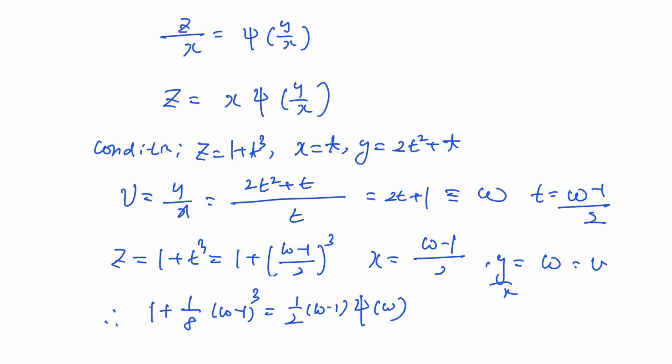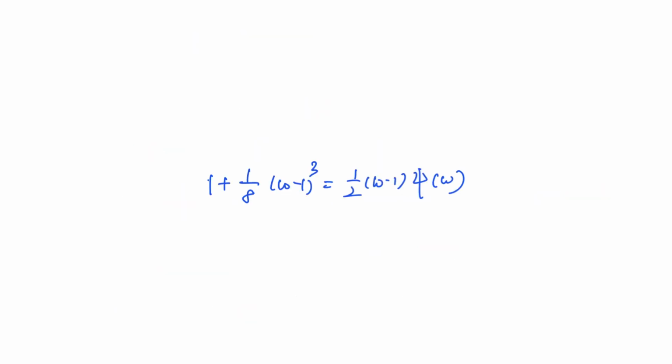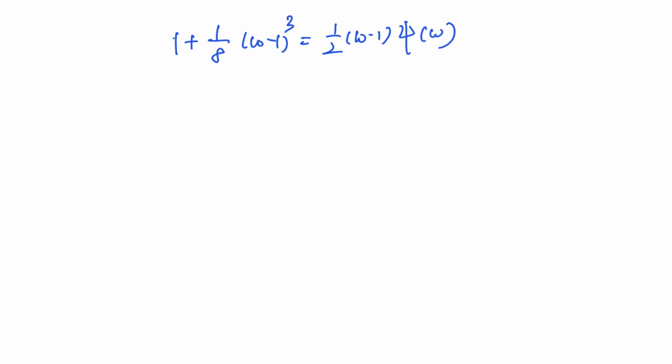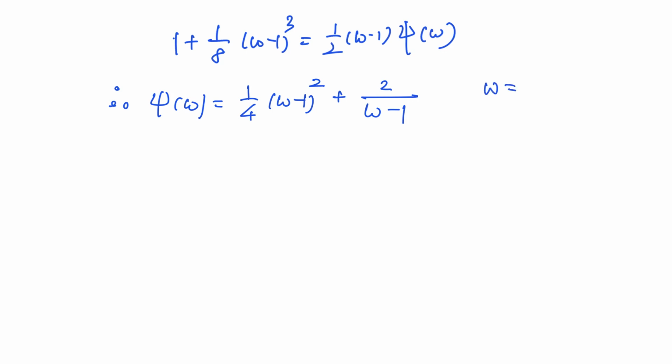Copy. Then paste. So therefore, psi of w is 1 over 4 times w minus 1 squared plus 2 over w minus 1. And w is actually y over x, right?